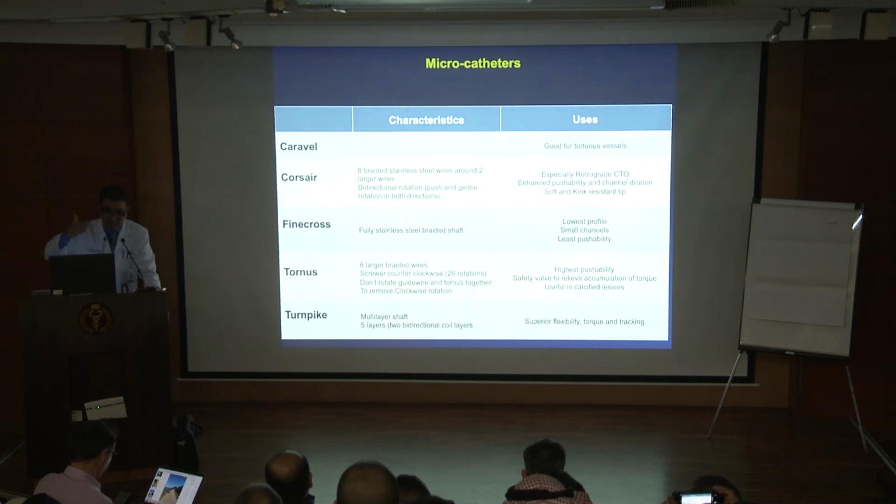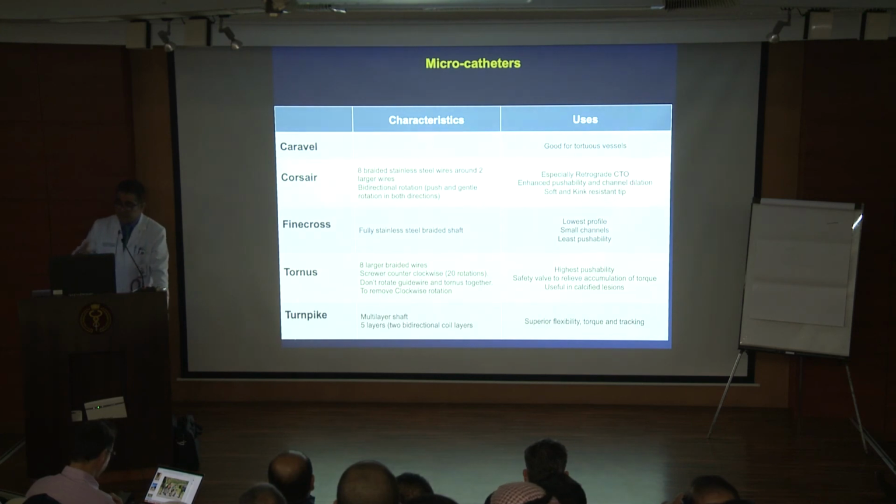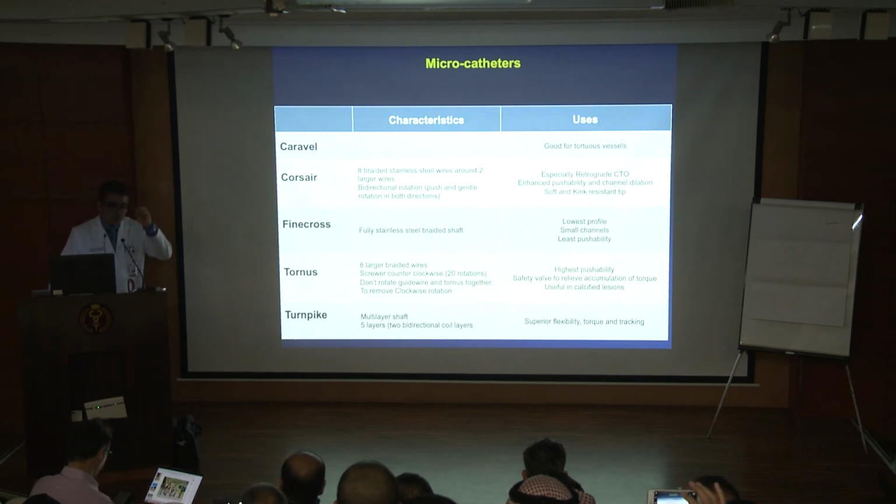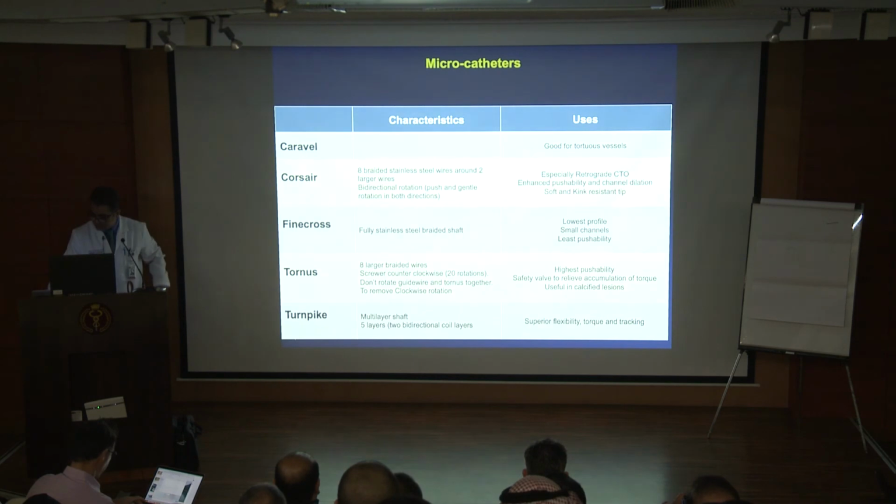Then he increased support with a guide extension, and it was still stuck. Then he dilated the septal, and then he actually used a lower profile microcatheter such as a Caravel or Turnpike LP. So you need to think, okay, I'm going to use a microcatheter to cross the septals, but you want to know which microcatheter based on what you think is going to be potentially the problem. And you can see the different types of microcatheters.